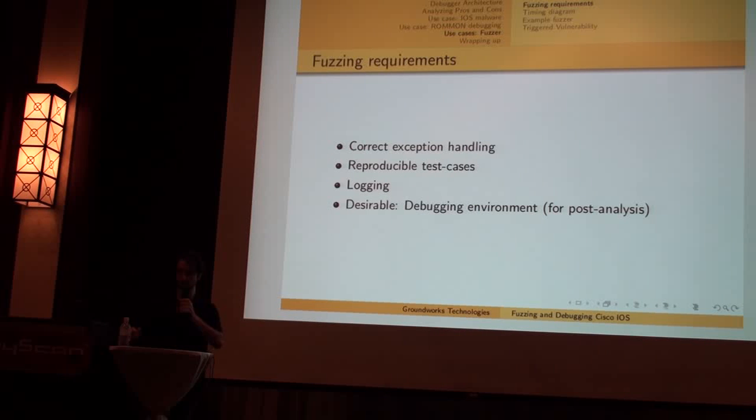Okay, let's do a little bit of fuzzing. Fuzzing is like doing test cases and throwing them at the Cisco. We can do it this way. The most important thing is we need correct exception handling, so our debugger must catch all the exceptions.